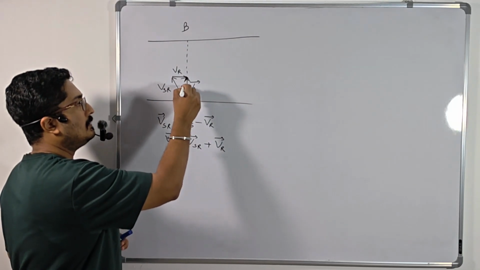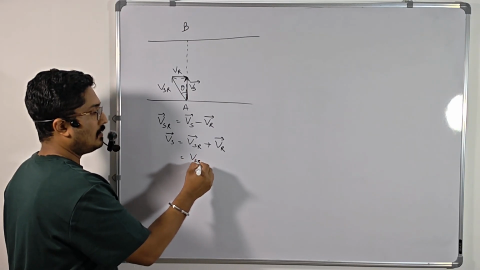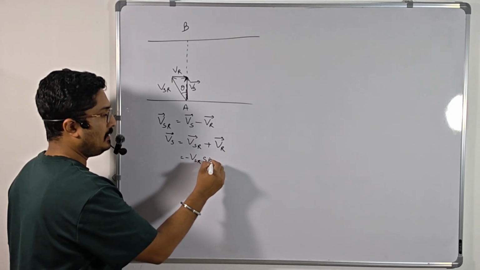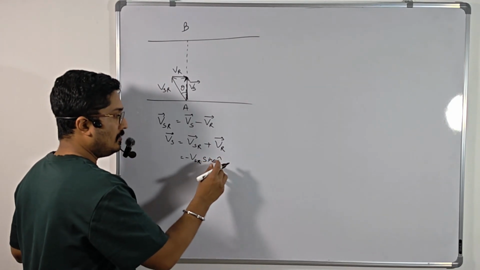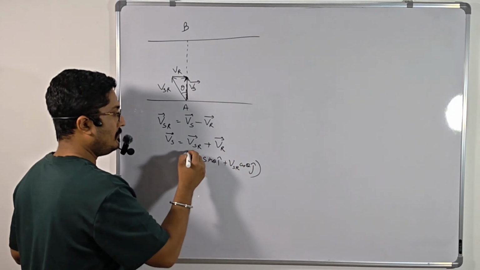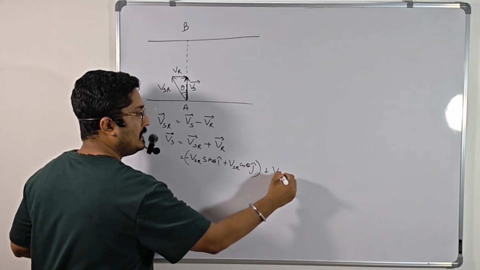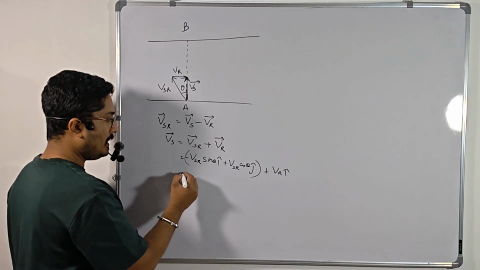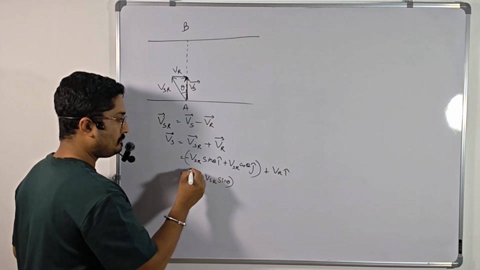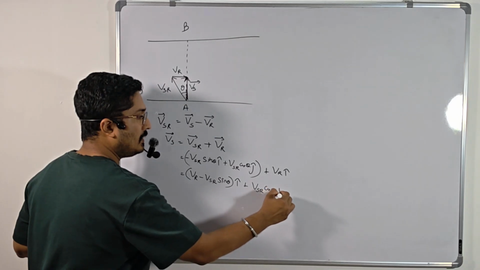He is moving, let us say, at some angle theta, so I am getting it as minus VSR sin theta i cap plus VSR cos theta j cap, plus velocity of the river is always in the direction of VR i cap. From here I am getting VR minus VSR sin theta i cap plus VSR cos theta j cap.